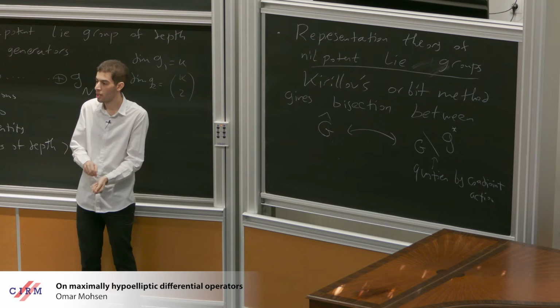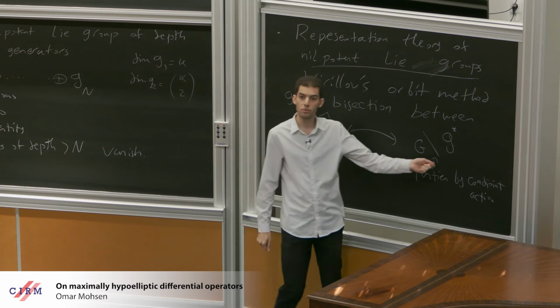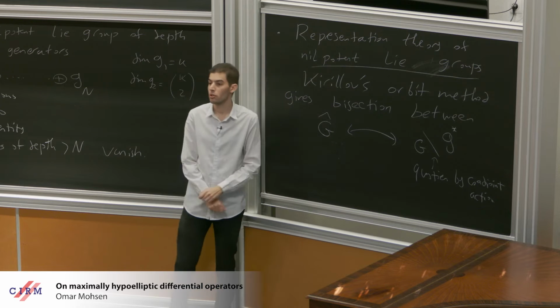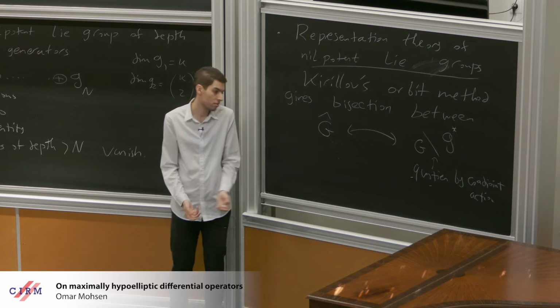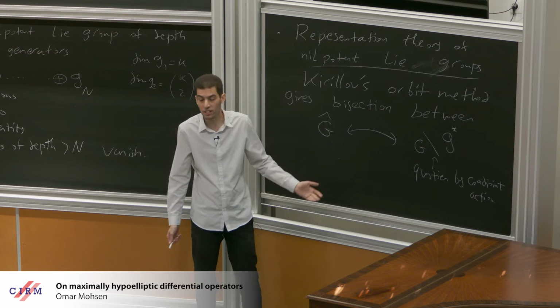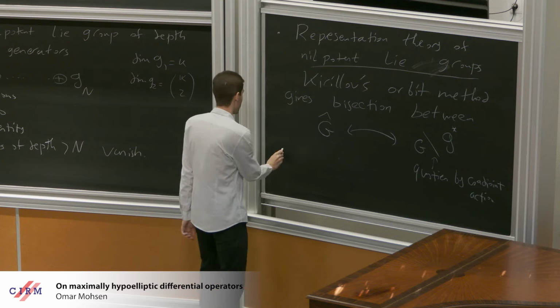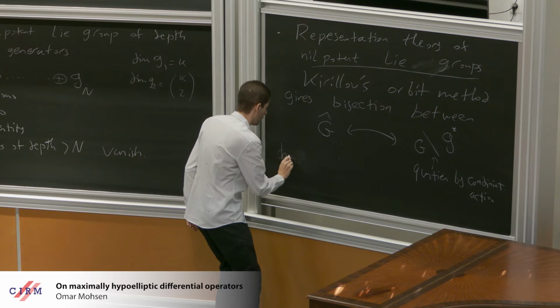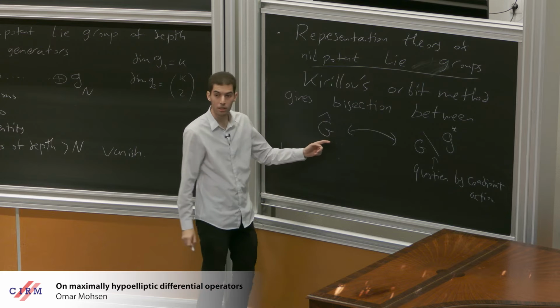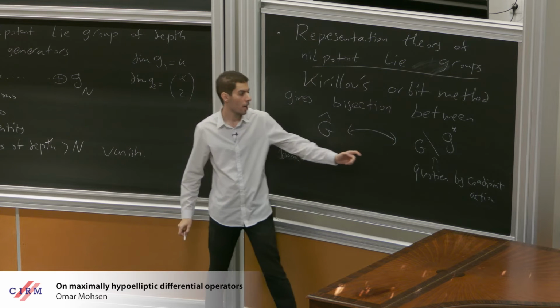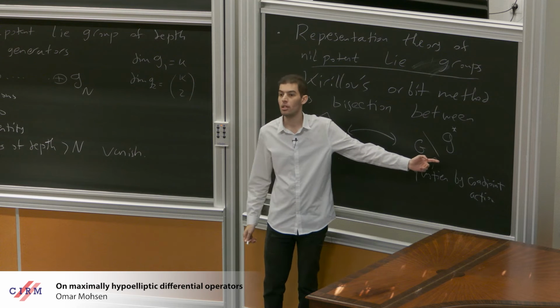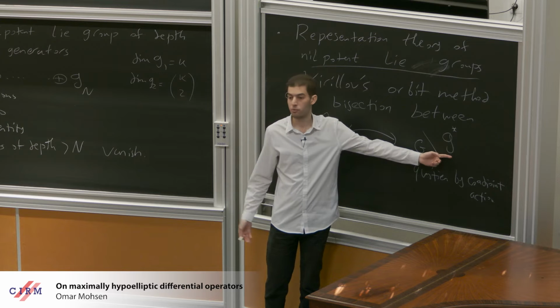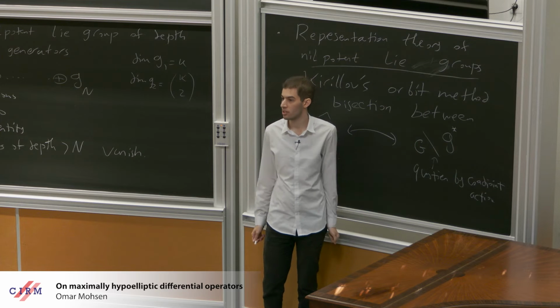And it's not an abstract bijection. Kirillov tells you how, starting from a coadjoint orbit, you can construct the corresponding representation. And it behaves in a very nice way. It's continuous. It's a homeomorphism, if here you put the Fell topology and here you put the quotient topology from the Euclidean topology on g star.